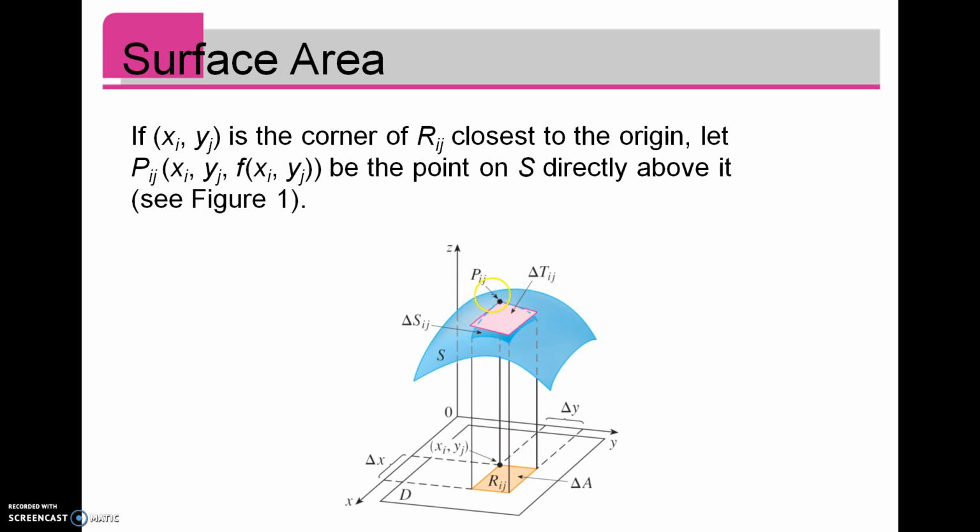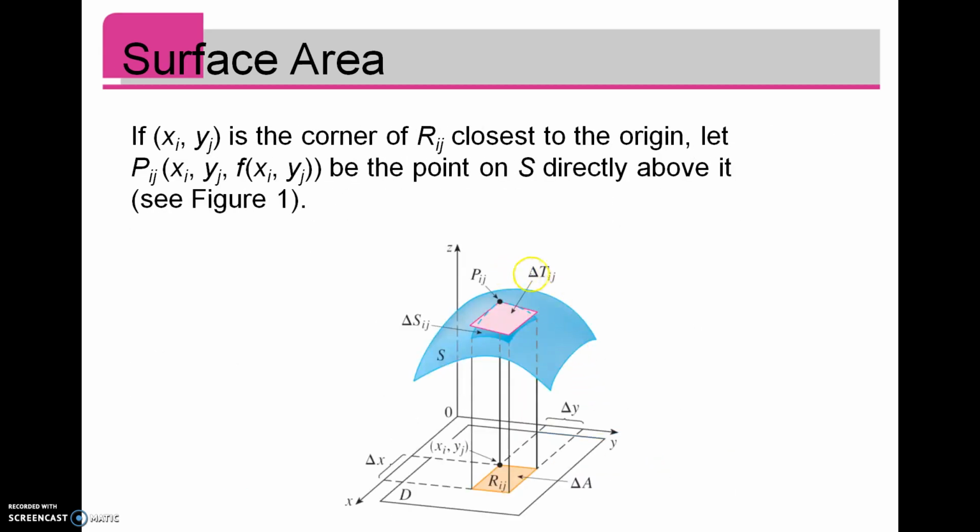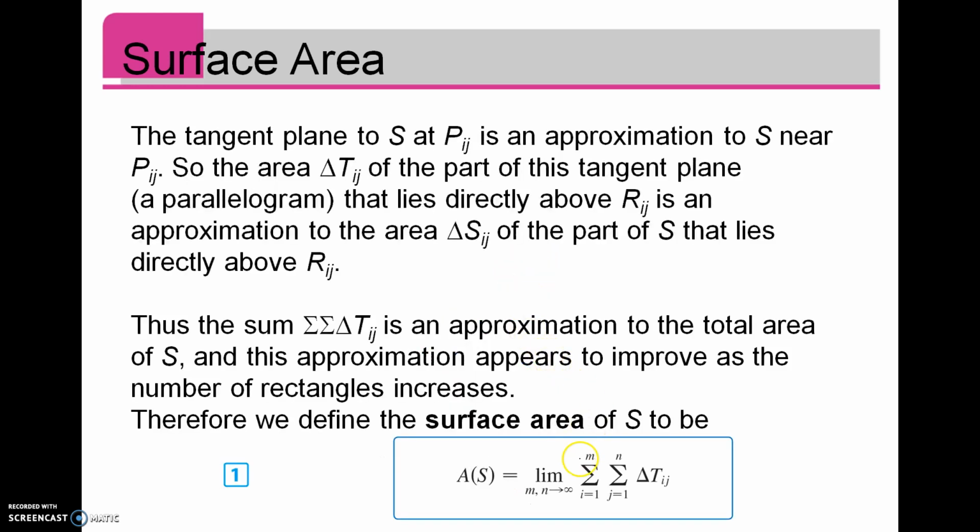You want to find the area of part of a surface S. We do so through looking at parallelogram regions, and we add up all the delta T regions that we find. And here's our formula as we take the limit of those delta T's, and we're going to end up with a surface area.